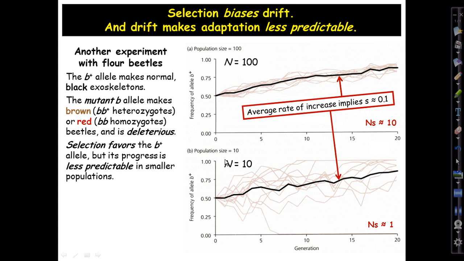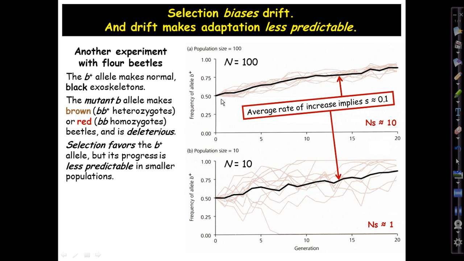And what the experimenters did was start a number like 10 replicate populations with equal frequencies of the wild type allele and the mutant that makes these slightly lighter, redder, browner exoskeletons.